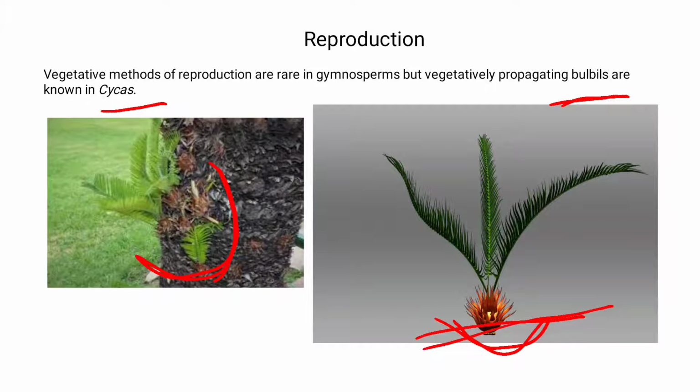But in case of some of the gymnosperms, male reproductive structures develop on male plant and the female reproductive structures develop on female plant. So this is the basic difference between monoecious and dioecious.